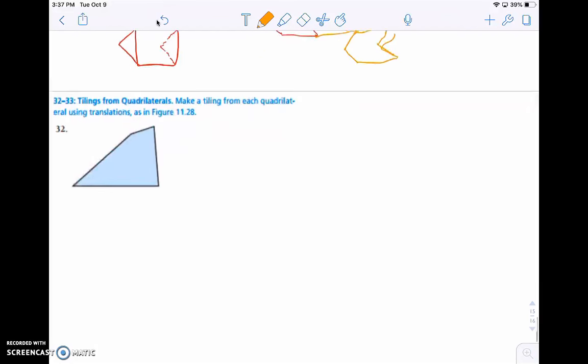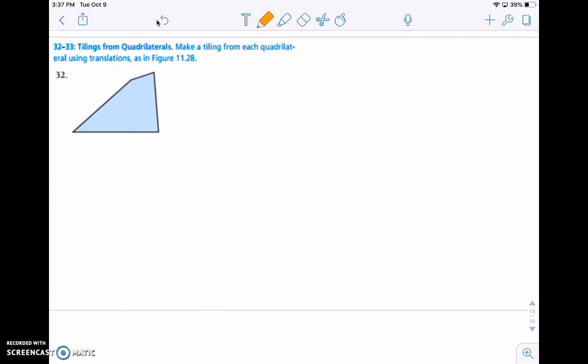And with this one, here is a figure, and you want to try and make a tiling for this quadrilateral, so you want to be able to cover a big surface. If you're trying to do this by hand, you would take this shape, and notice I can't just slide it this way, so this one is going to need more than what we call translation symmetry.